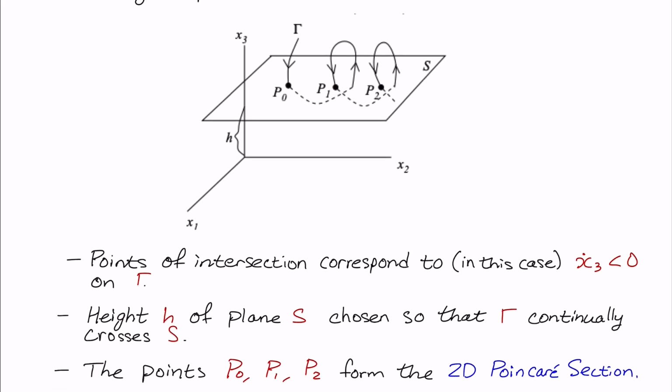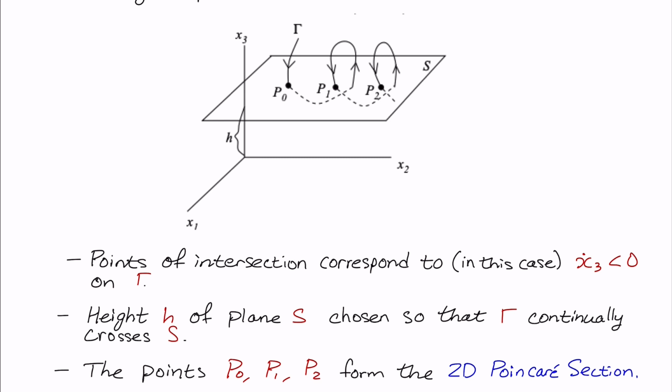So like I said, the points of intersection correspond to the cases where x3 dot is less than 0, so it's negative on the flow Gamma. You could choose to do the opposite. You could look at what happens when x3 dot is greater than 0. The height h of the plane S has been chosen such that Gamma will continuously cross that plane.